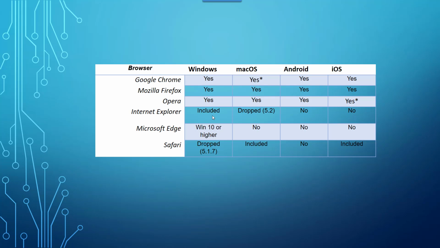It used to be developed on the Windows platform, and then Apple stopped development a while back. So the bottom line is, if you're a Windows-only user with Internet Explorer, you're not going to have any luck. Pick a browser that basically works across devices, and that's almost everything but Internet Explorer and Microsoft Edge.